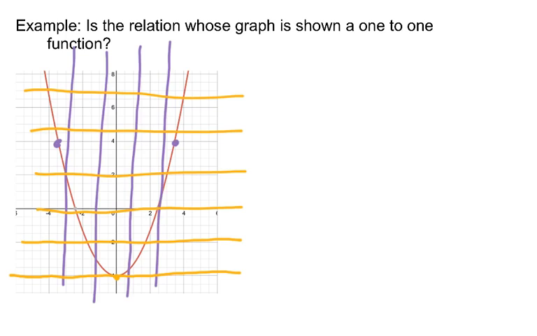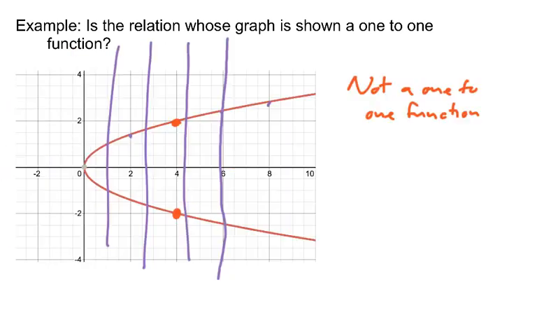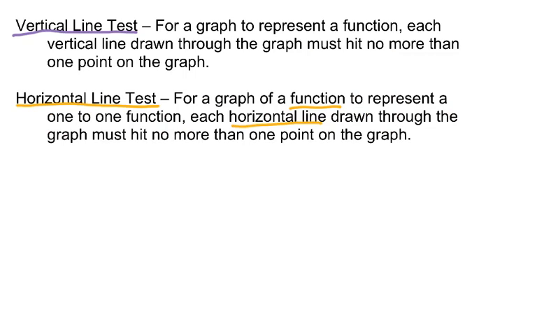We already identify horizontal lines that go through more than 1 point. And there's even horizontal lines that don't hit any points, but that doesn't matter either. We're already messed up. So, very, very easy to look at a graph and tell whether it is a function, first of all, and then whether it is a 1-to-1 function.